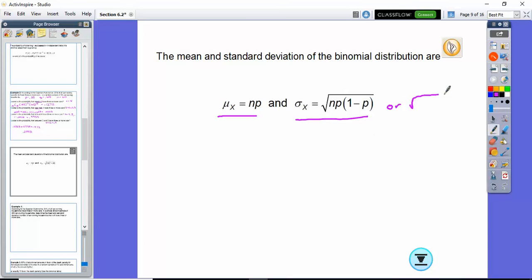Or you could think of that as the square root of n times p times q. Probably the easiest standard deviation we have ever calculated. No table involved. So I'd like to do an example of this and then I'm going to stop.